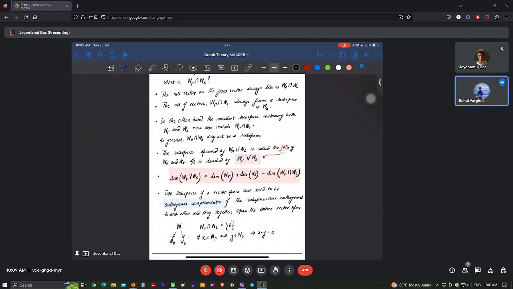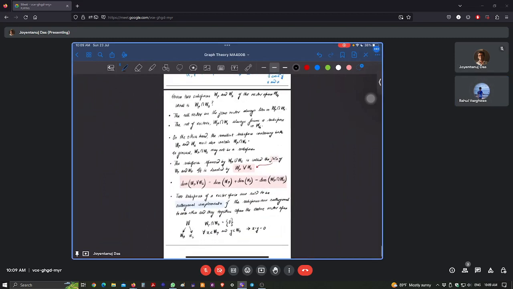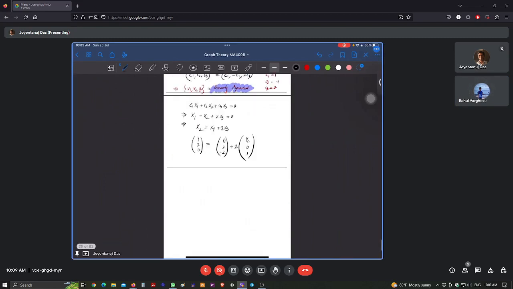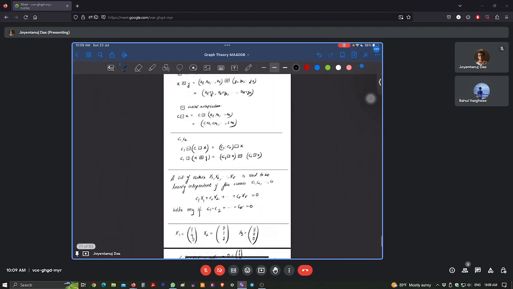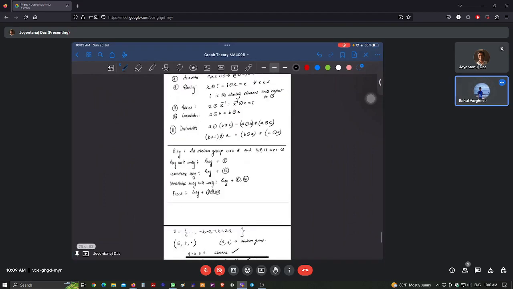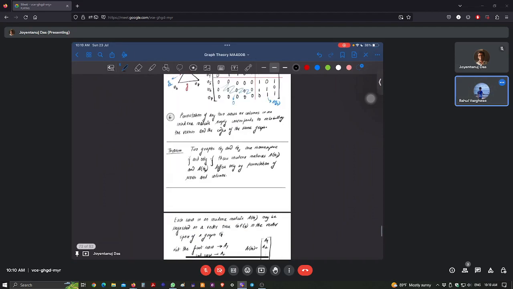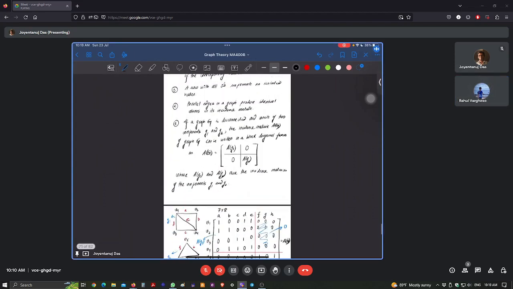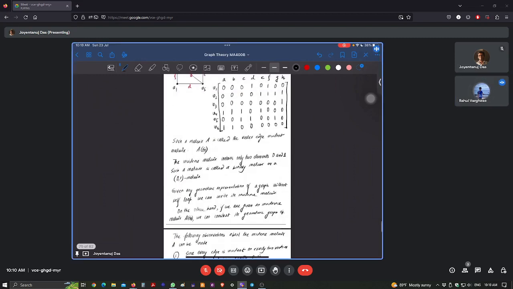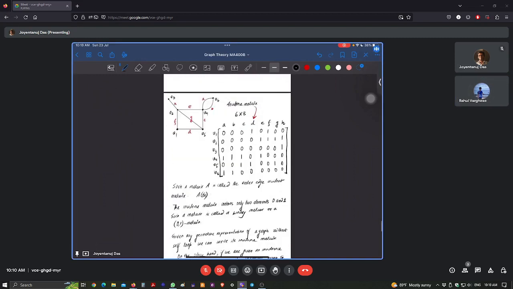Okay. So if you remember, we introduced one type of matrix, right? That is the incidence matrix, the vertex-edge incidence matrix that we did, right?